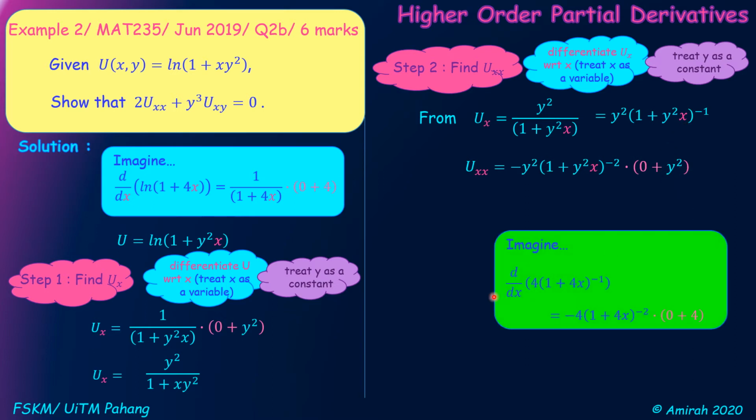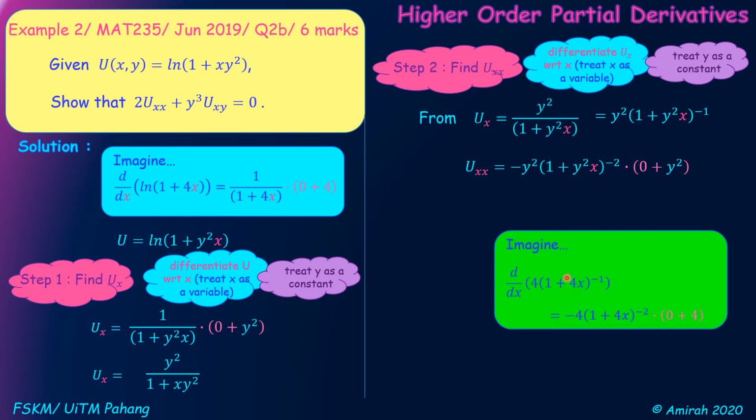Or we just imagine, let's say we want to differentiate 4 times (1 + 4x) to the power of negative 1. Okay, 4 here because let's say we replace y equals 2, so 2 squared equals 4. And then 4 times (1 + 4x), with y equals 2, so 2 squared equals 4.